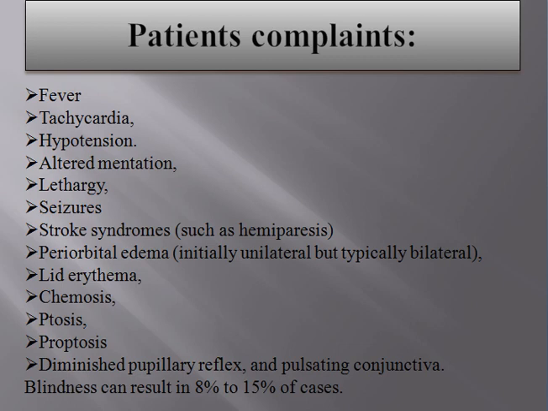This includes periorbital edema, initially unilateral but typically bilateral, lid erythema, chemosis, ptosis, proptosis due to impaired venous drainage of the orbit, restricted or painful eye movement, and less commonly papilledema, retinal hemorrhages, decreased visual acuity, and photophobia.